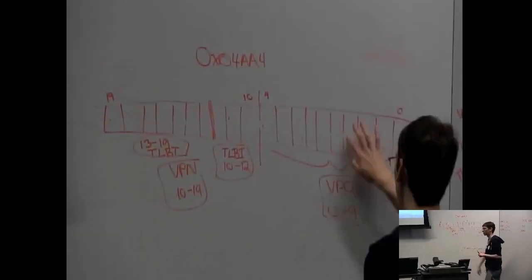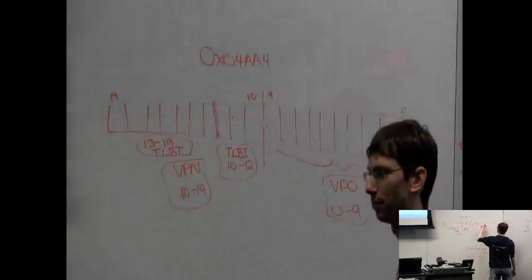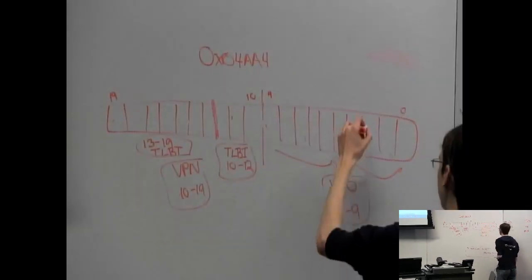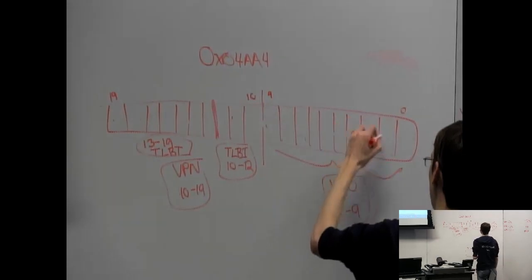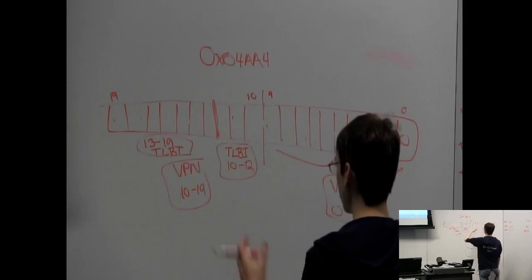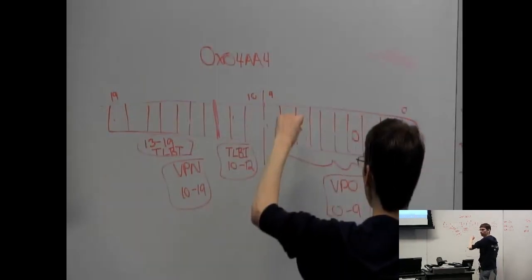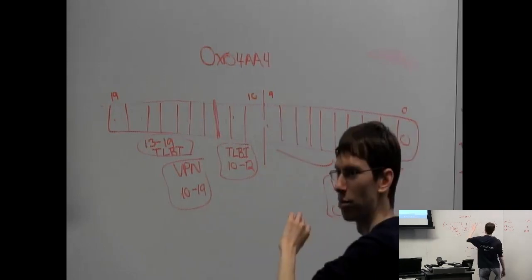Okay, so what is 4 in binary, as 4 bits? 0100, exactly. Okay, and then A, so A is the equivalent of 10 if you're in decimal, anyone know? 1010, yeah.